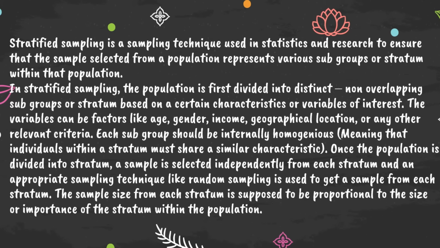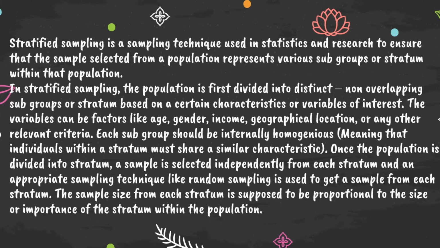And each subgroup should be internally homogeneous. By internally homogeneous, we mean that the individuals within the subgroups should share similar characteristics. Once the population is divided into strata, a sample is selected independently from each stratum, and an appropriate sampling technique like random sampling or systematic sampling is used to get the samples from each stratum.